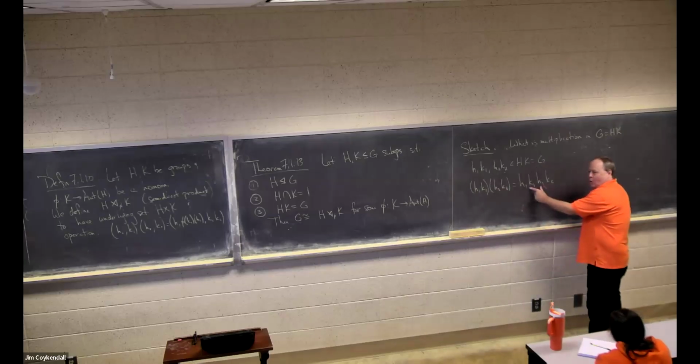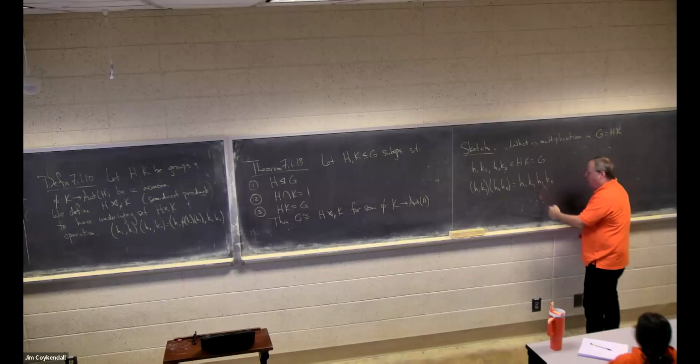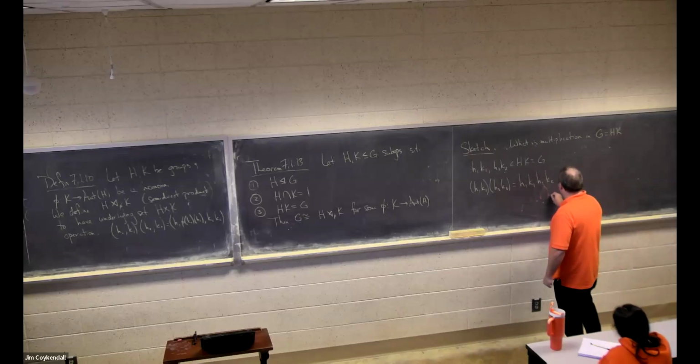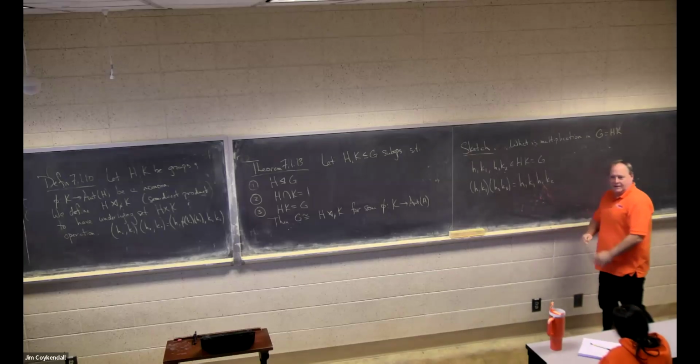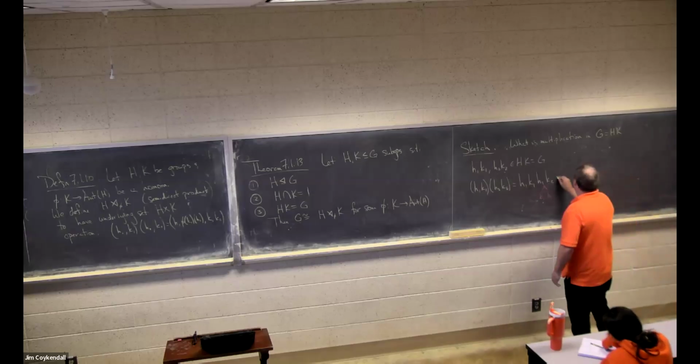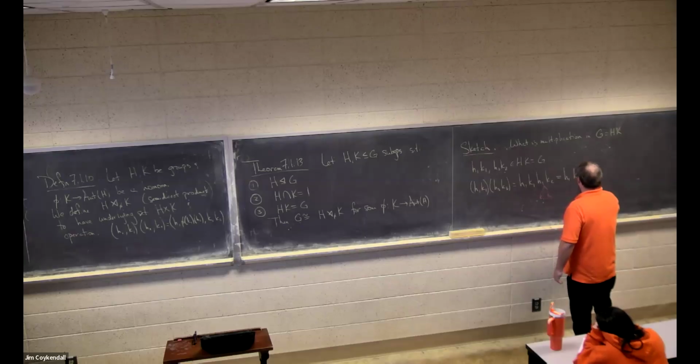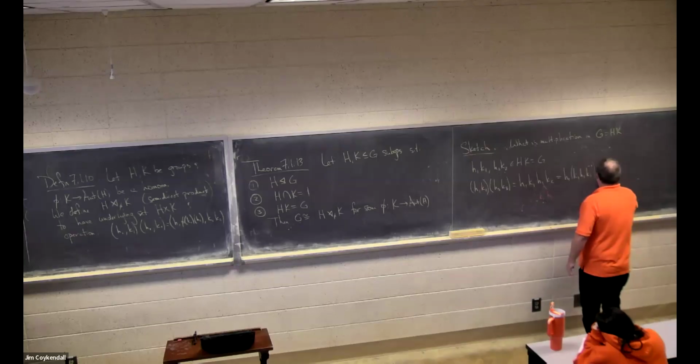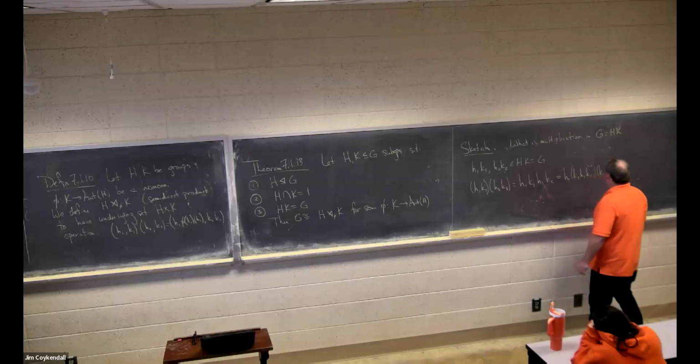I wish I had a K1 right there because I know that H is normal. But I can fix that. This is equal to H1 K1 H2 K1 inverse, and then I have to get rid of that K1 inverse with K1 K2.